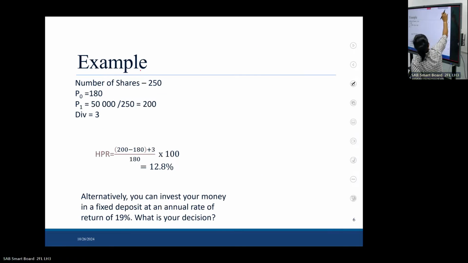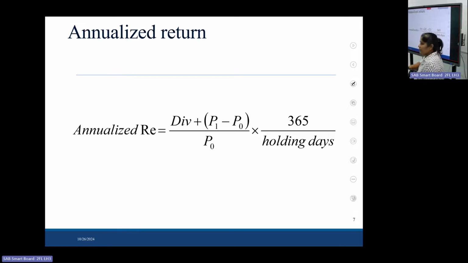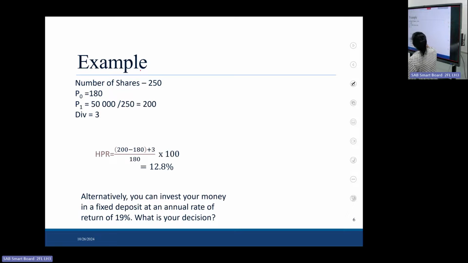You can annualize it simply by dividing the holding period return by the holding days and multiplying it by 365, taking 365 as the days in a year. So the holding period return here is 12.8 for 100, for how many days? 190 days. This is for 190 days. So then you have to multiply it by 365.